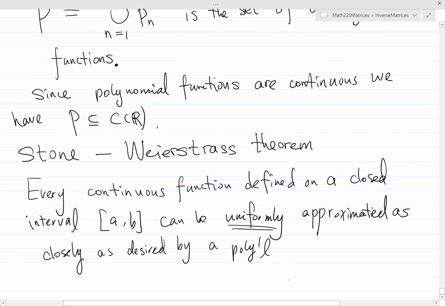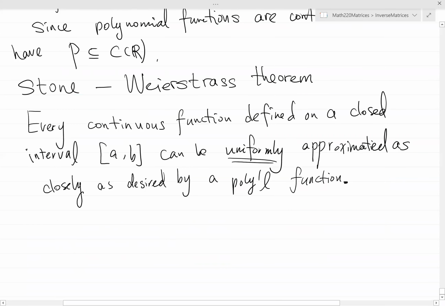That is, we can approximate a continuous function on a bounded closed interval, and you can control the error term. You can make sure the error term is less than any epsilon everywhere on this interval a to b.